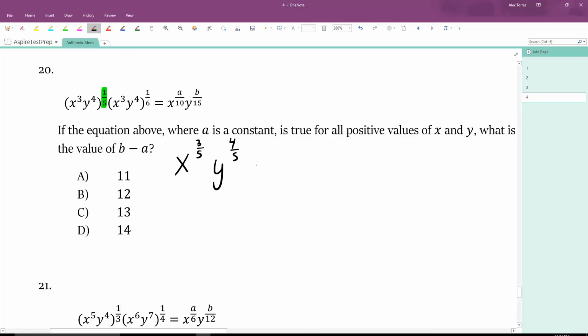And same thing for the next one. X to the 3 times 1/6, which is 3/6, which is really 1/2. And y to the 4th, so 4 times 1/6 is 4/6, which simplifies to 2/3, equals all that stuff on the right hand side.